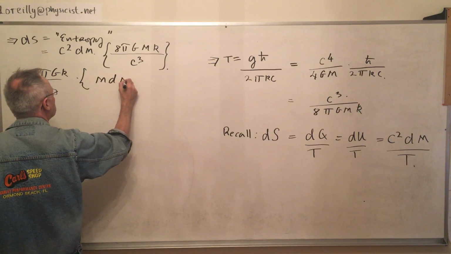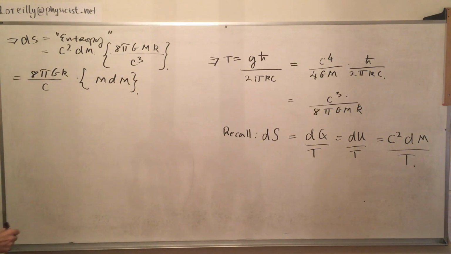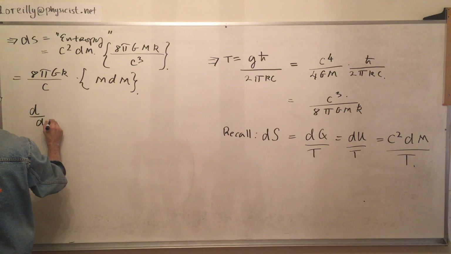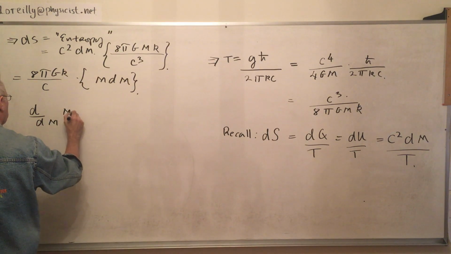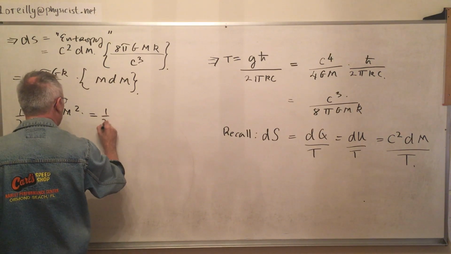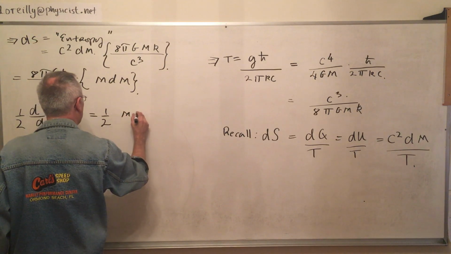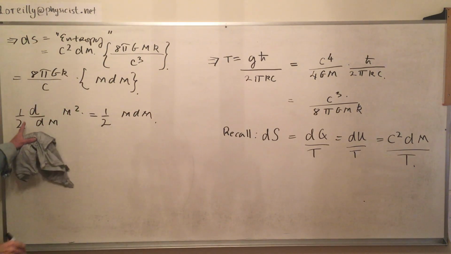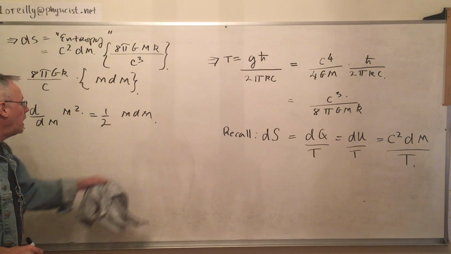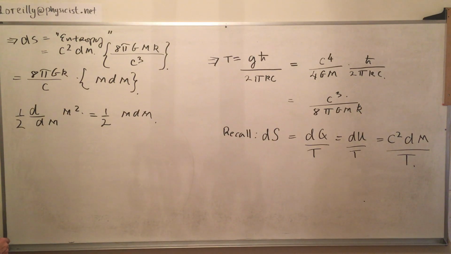Now I notice something. The derivative with respect to m of m squared times a half is half m dm, okay? So let's see what will I do with that. Sorry, there's a 2 in there, my mistake.